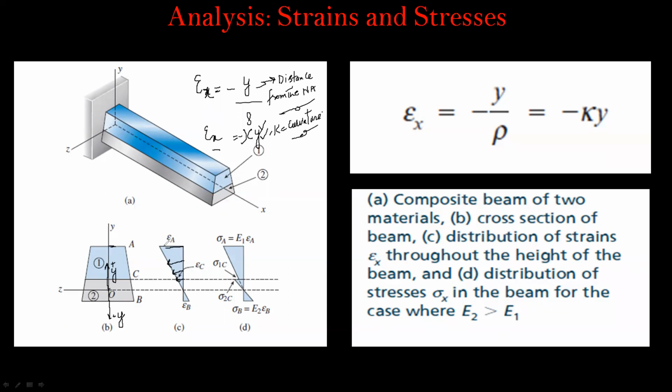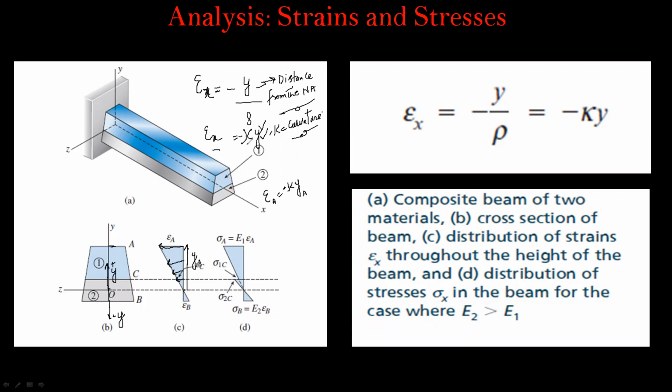At the top surface the strain is maximum, and the strain at the top surface is written as epsilon A equal to minus kappa into y A. The distance from the neutral axis to this very point is what we call y of A. Now from the neutral axis in the downward direction, the value of y is negative.